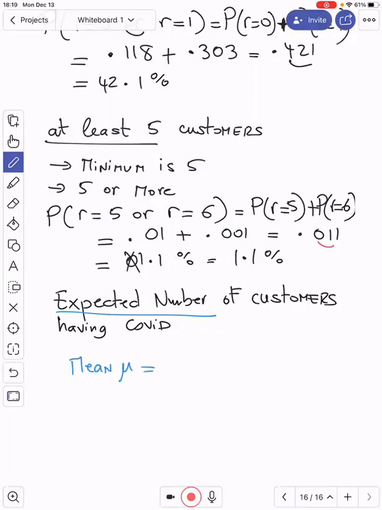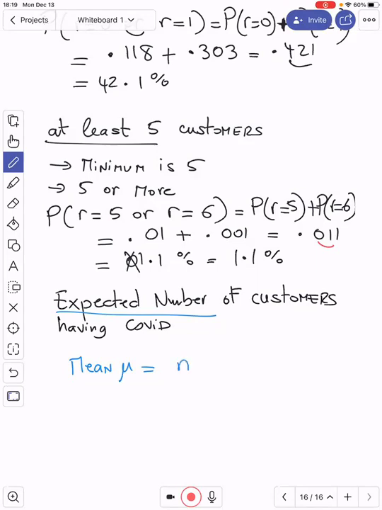And this is a probability distribution. I think some of you use the formula for the mean for a discrete random variable. You can do that, but you have to find the probability distribution of this R, etc. But the mean for this binomial distribution is very simple.